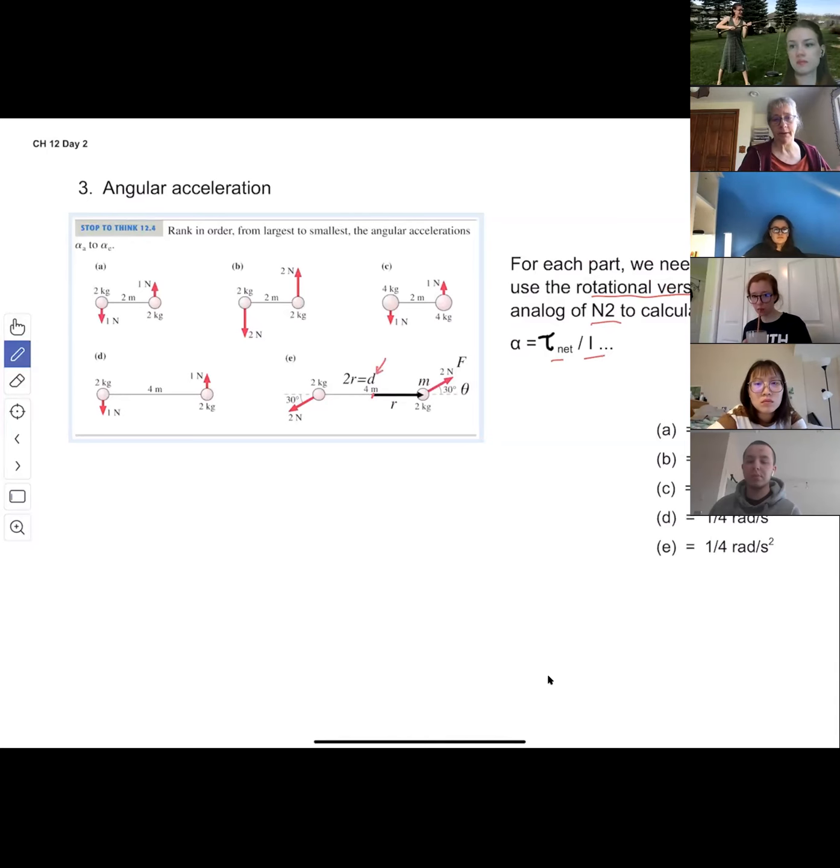Each of these has a mass, there's a force being applied at the position of that mass, and we know the mass, and sometimes that force is at an angle. Here the angle is 30 degrees. Up here, that angle would be 90 degrees. I think in all of the other examples, the angle is 90 degrees.